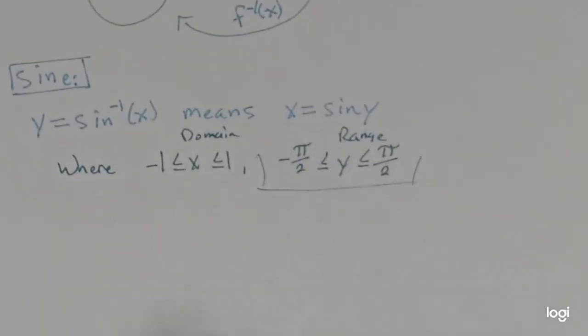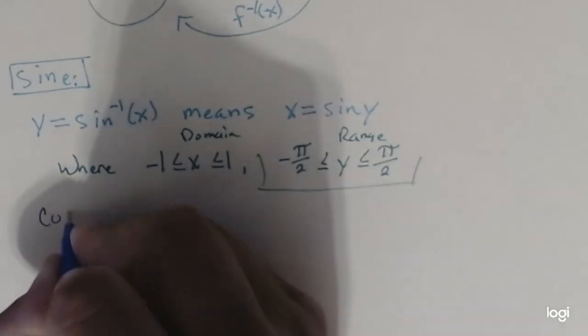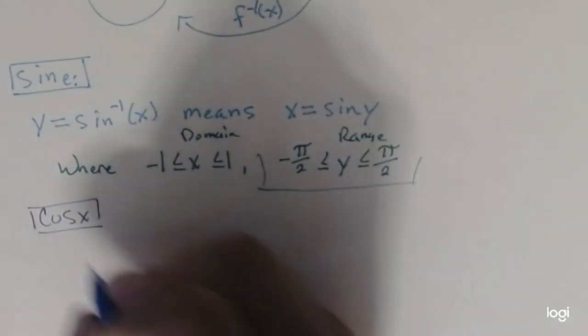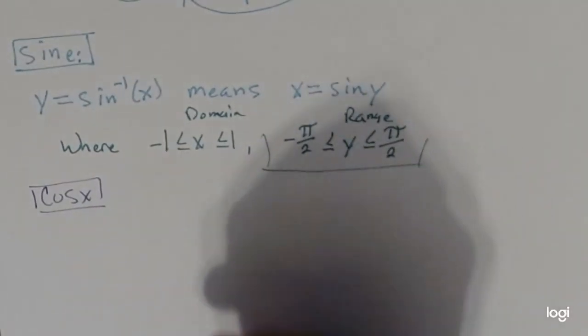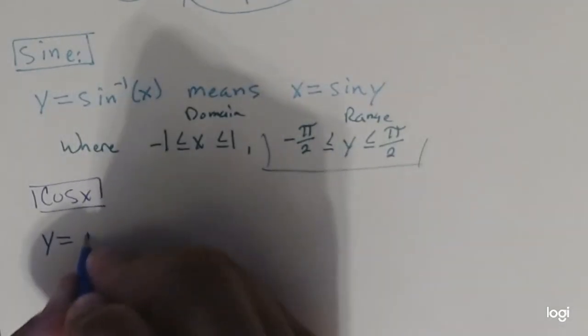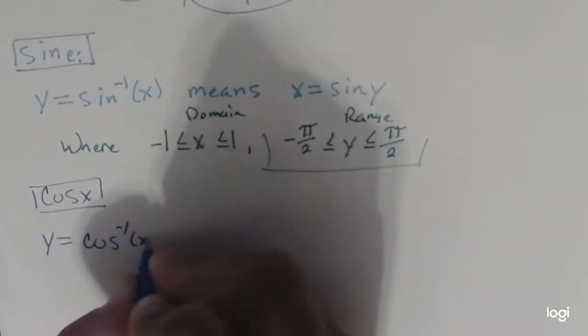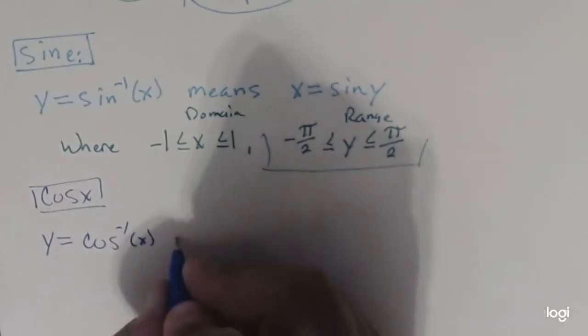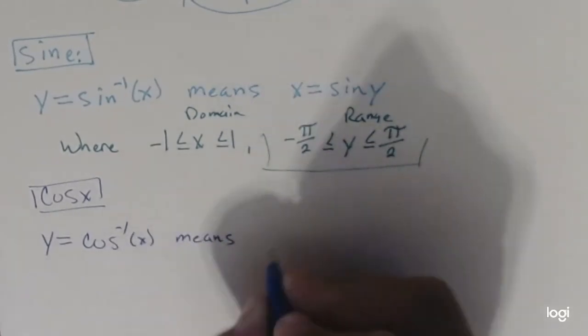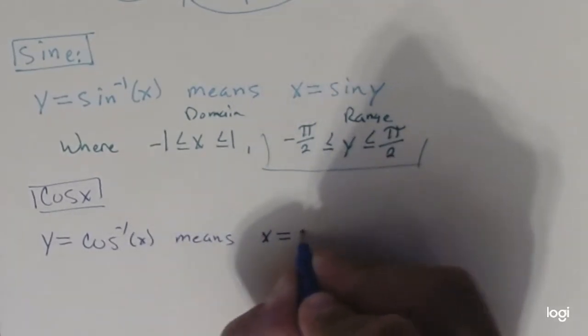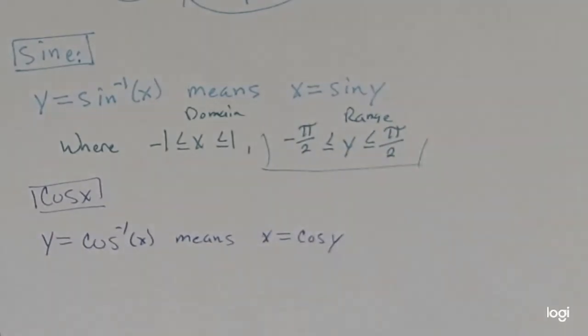Okay, so the next one down the list is cosine. So cosine of x, again going inverse, so y equals cosine inverse of x. It's going to follow the same template. So I can rewrite this as x equaling cosine of y.